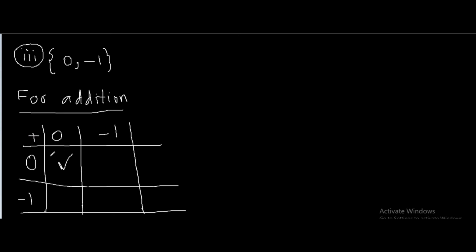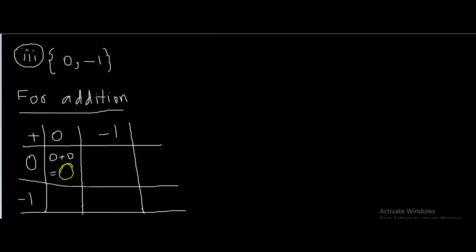Therefore, you have to add both of these zeros in this box. So this is 0 plus 0, which is equal to 0. So 0 is the output in this box.